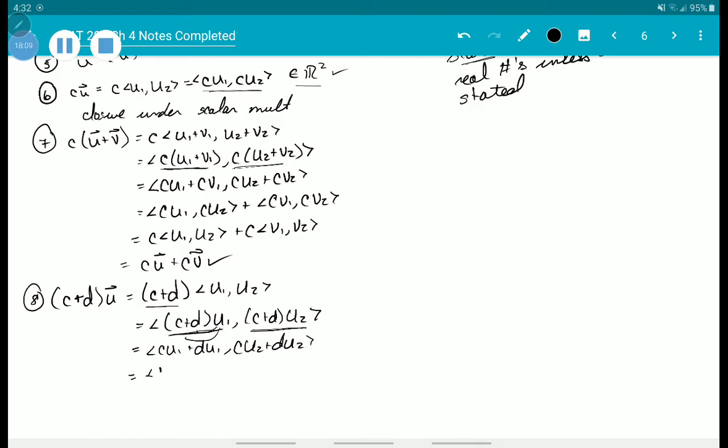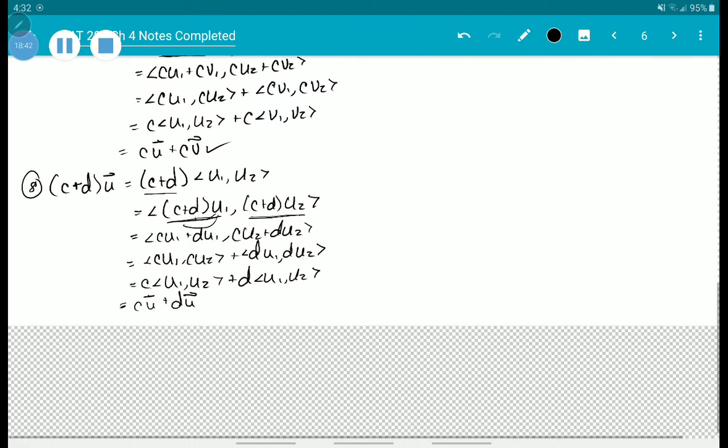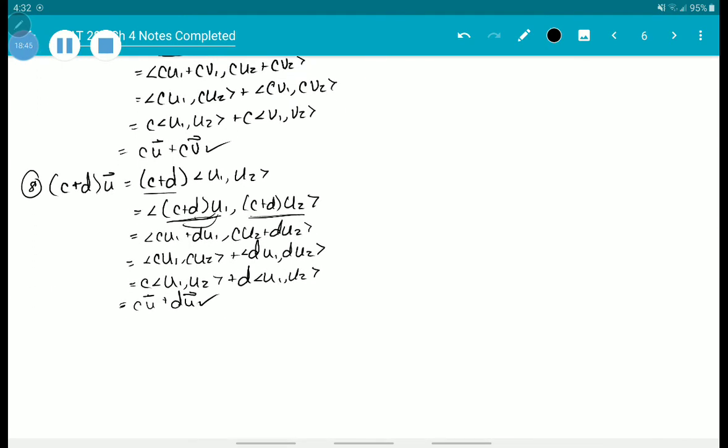Then we can undo some of the addition that happened here, and lastly we could factor the c out and then the d out. So we have cu plus du. That's what we wanted to prove. Both of these are distributive properties.